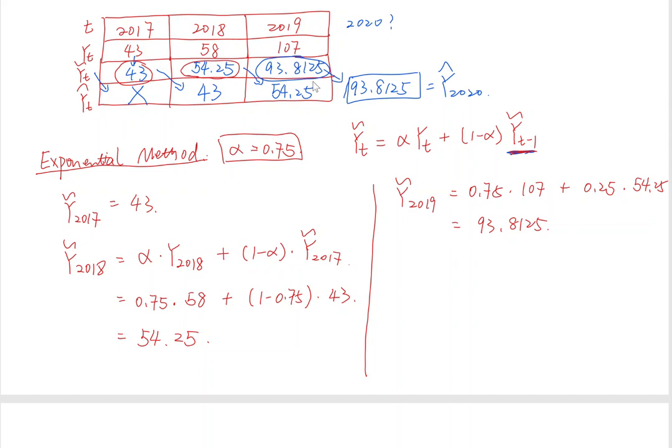For the exponential method, you need to calculate from the beginning, and each of them will be used for the next one. You will need to use this one for the next one, and this one for the next one, and the next one. So you cannot get this unless you calculate the previous ones, right?